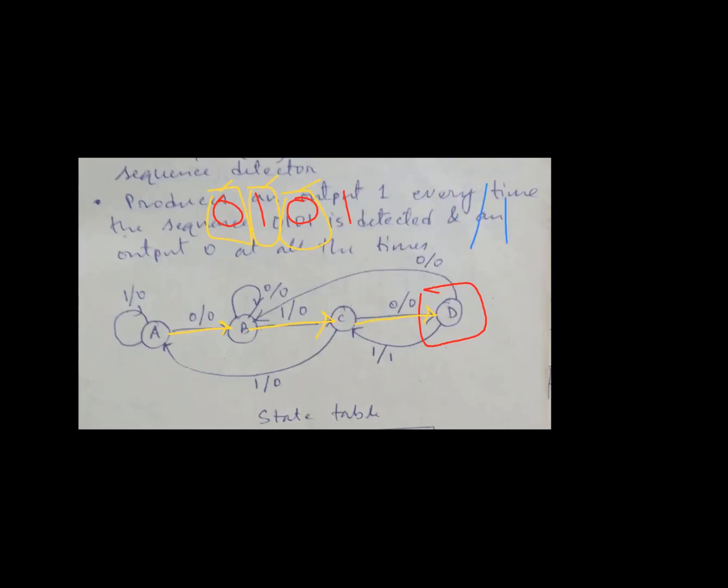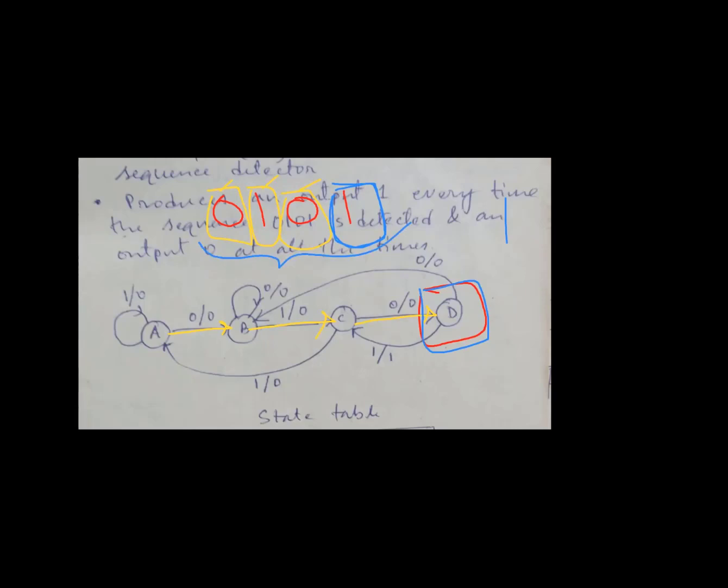So let's start first, say, if our next input is 1. When we are over D, listen carefully, and our next input is 1, now look at the sequence. We got the sequence 0 1 0 1.